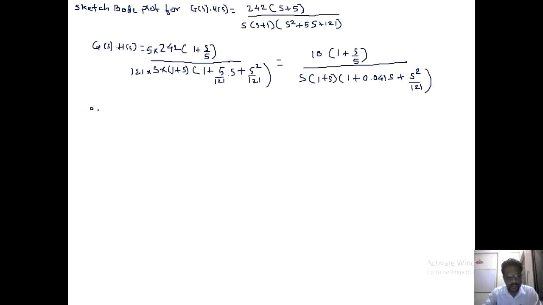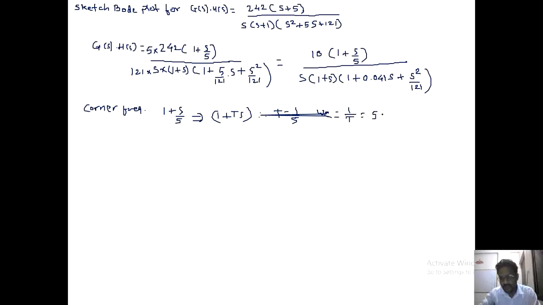So corner frequency: if we take this simple zero, 1 plus s by 5, compare it with 1 plus Ts. T is the coefficient of s, here the coefficient of s is 1 by 5, hence T is equal to 1 by 5, and corner frequency omega c equals 1 by T, which is 5 radian per second.